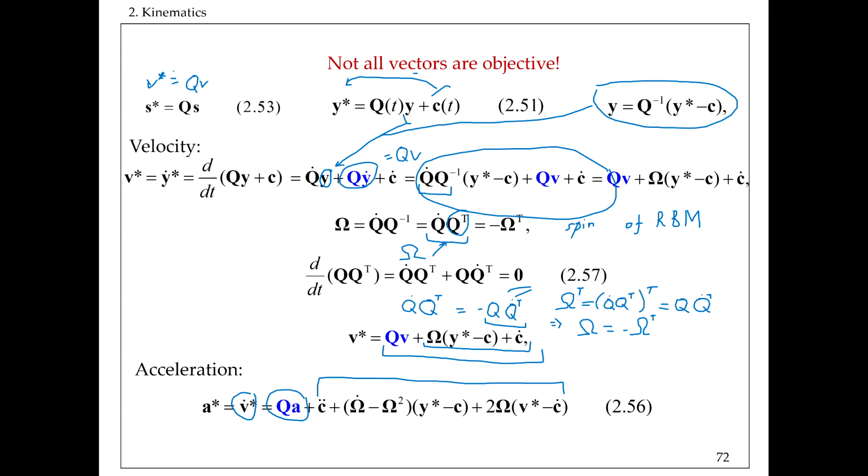So a star is not equal to the simple mapping of the acceleration vector by the rotation by the proper orthogonal tensor q, and therefore they are both not objective.